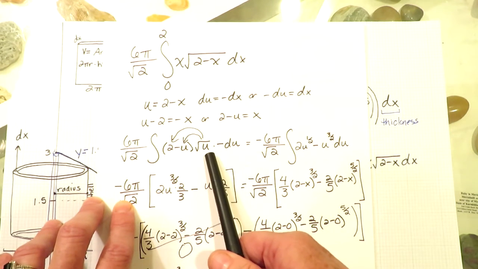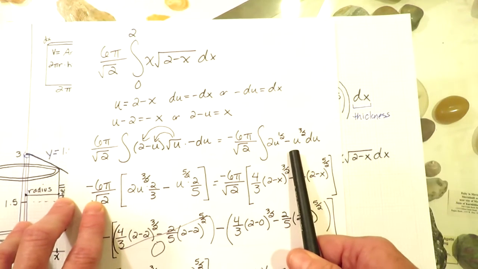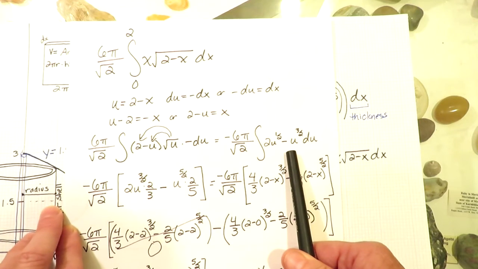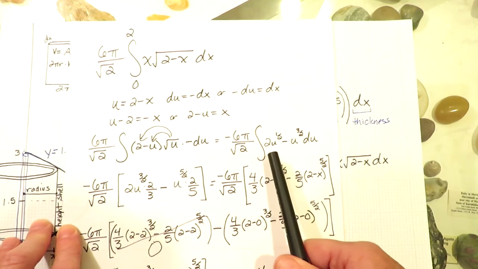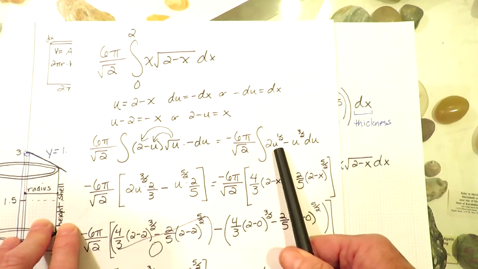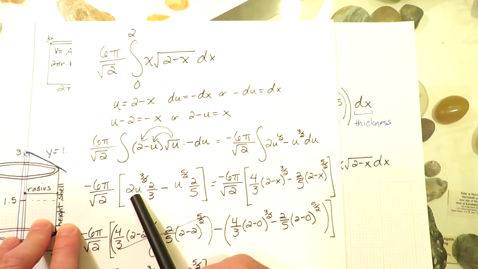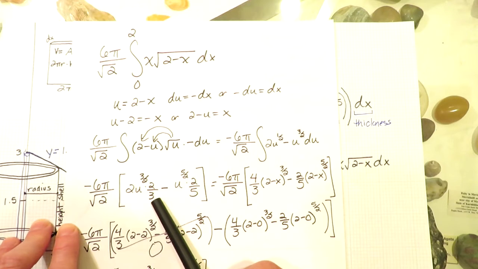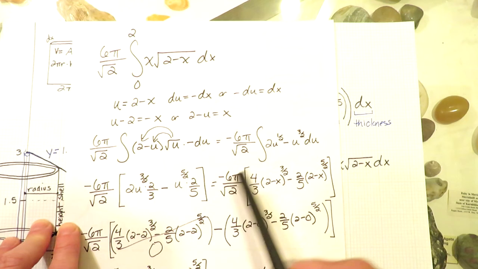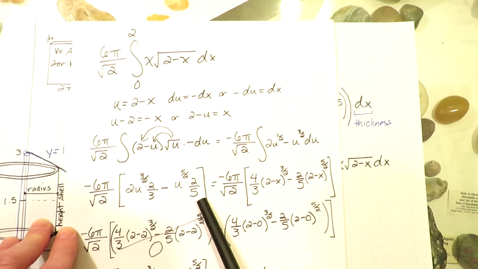Then if I distribute the square root, I have a fairly straightforward power rule application. So applying the power rule of the antiderivative, I add 1 to the power, so 1/2 plus 1 is 3/2, and then dividing by 3/2 is the same as multiplying by the reciprocal, 2/3, and then 3/2 plus 1 will be 5/2, and dividing by 5/2 is the same as multiplying by the reciprocal, 2/5.